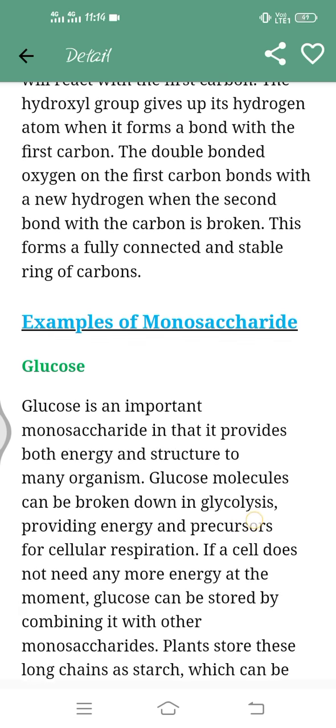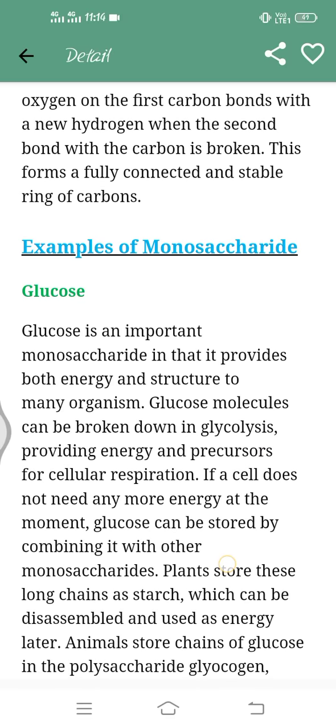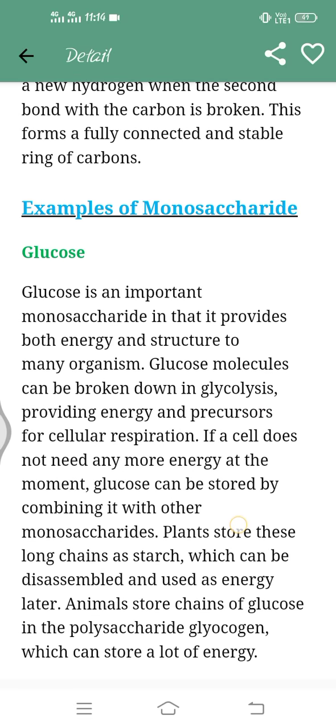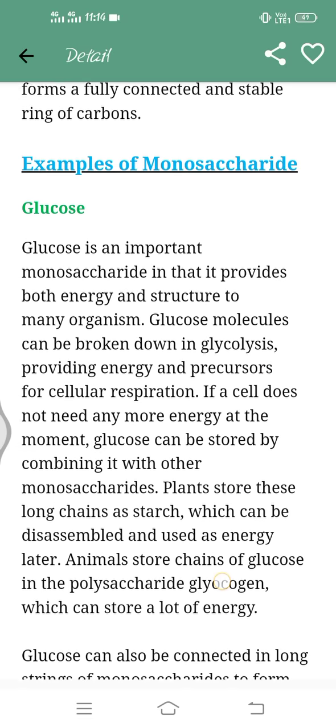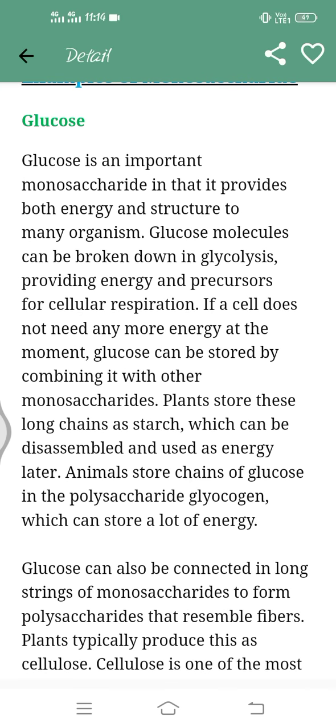Examples of monosaccharides are glucose. Glucose is the most important monosaccharide in that it provides both energy and structure for many organisms. The glucose molecule can be broken down in glycolysis, providing energy for cellular respiration.